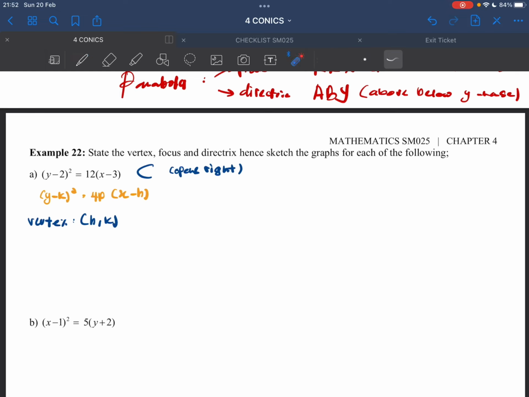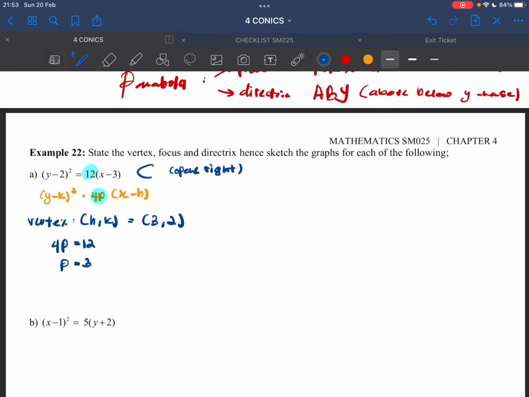So do not make any careless mistakes. This is the value of k, this is the value of h. So that's going to be (3, 2). The vertex is (3, 2), and we can also find the value of p by comparing these two. So we have 4p equals 12, p equals 3.